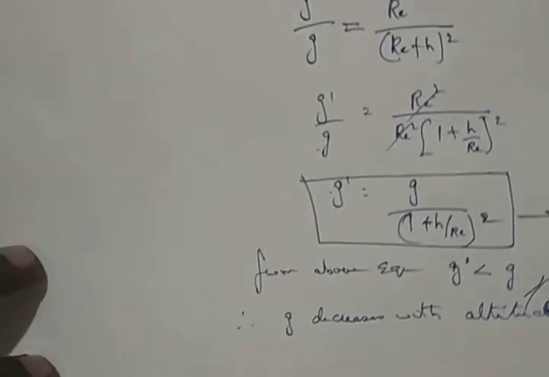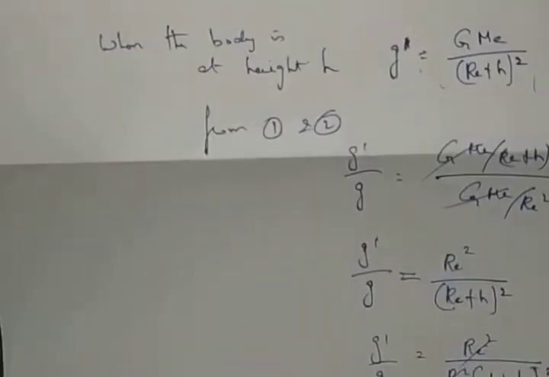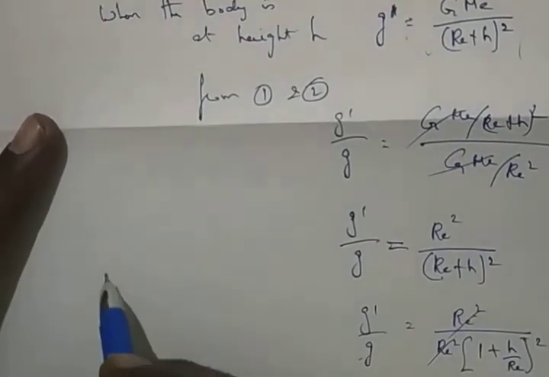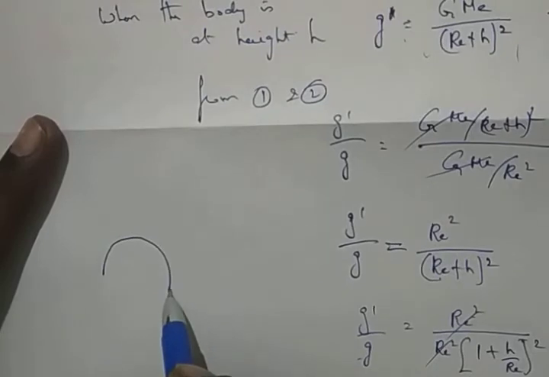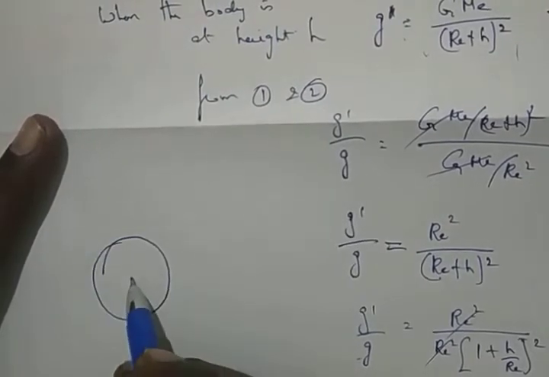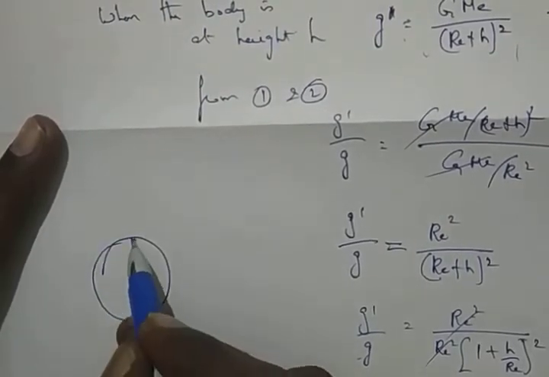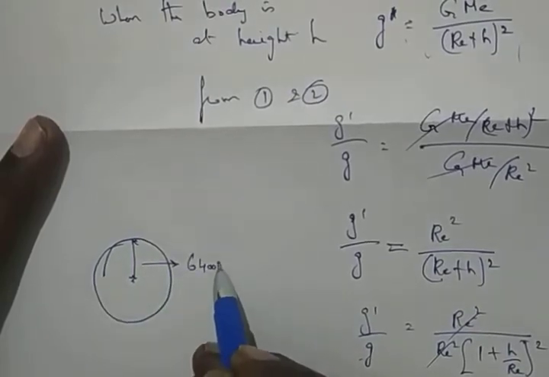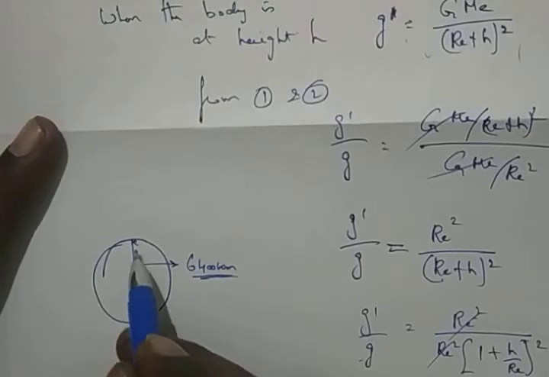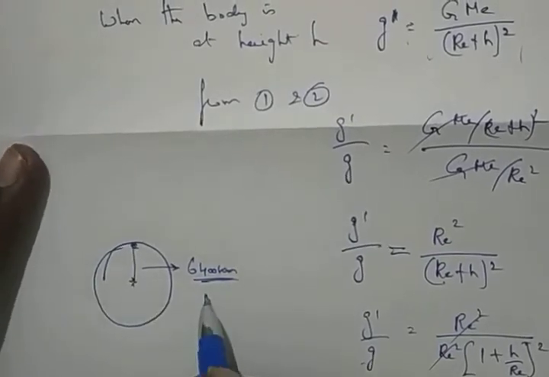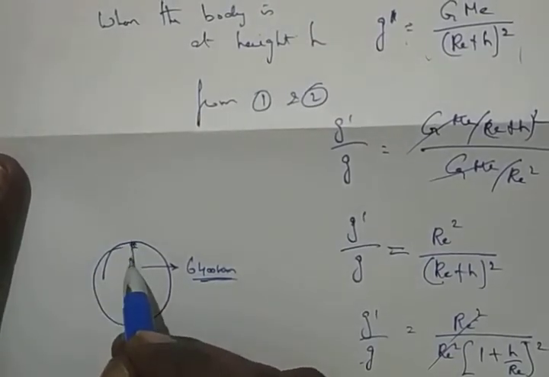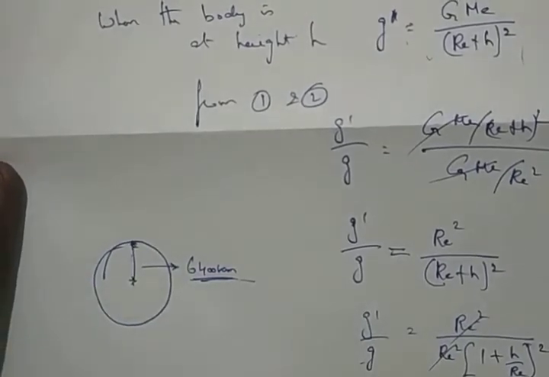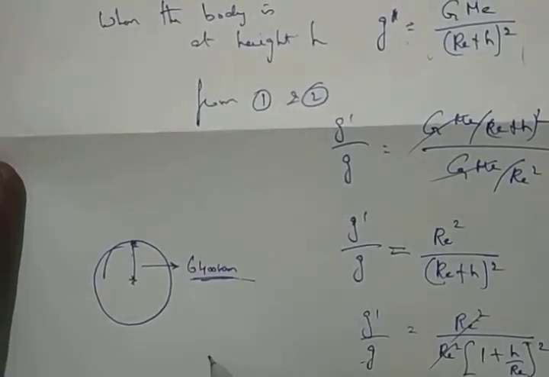Now, we need to also look at this whole thing as a reality check. What is a reality check? If you look at the whole Earth from here to here, what is the distance here? This distance is 6400 kilometers, the standard value of the radius of the Earth. You start digging down, you go down till the center of the Earth, it is 6400 kilometers. Look at this one, it's really big.